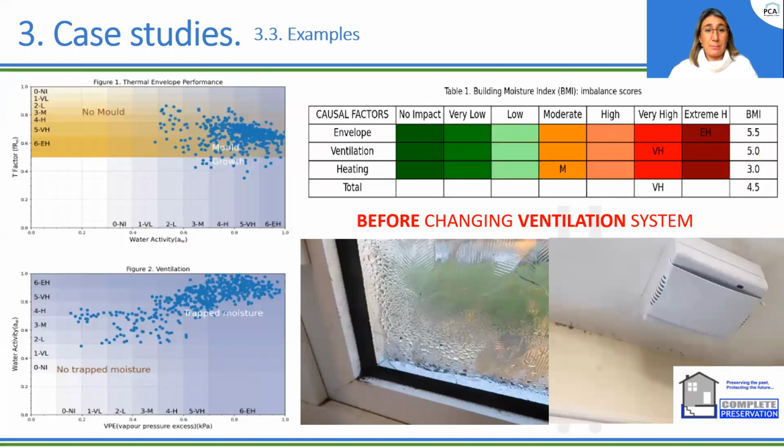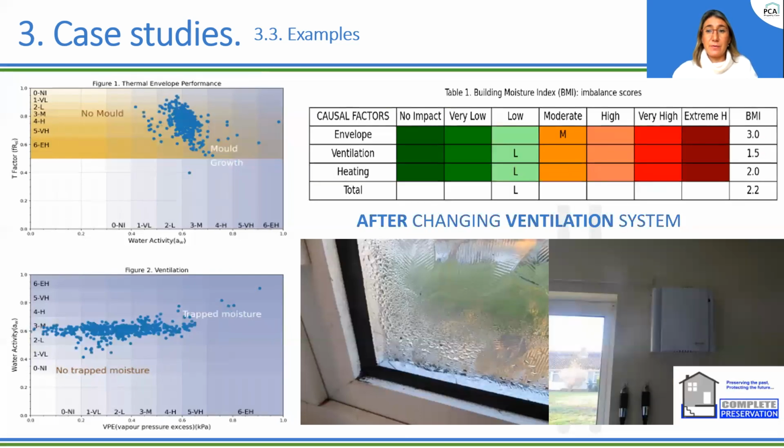And this is an example of a property with mold and condensation problems before changing the ventilation system from ventilation system 1, an intermittent extraction fan, to mechanical ventilation, continuously running and with humidistat. So we can see how the data goes from a very high moisture imbalance, 4.5, and changing the ventilation, we correct the environment, and this goes to a low moisture imbalance of 2.2.